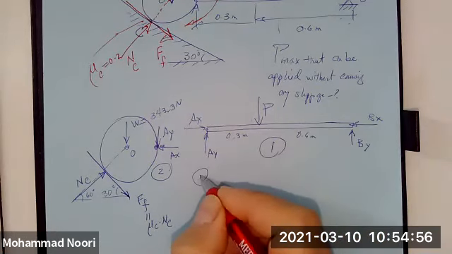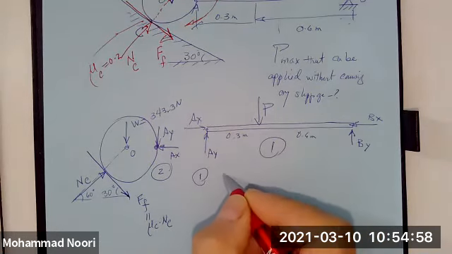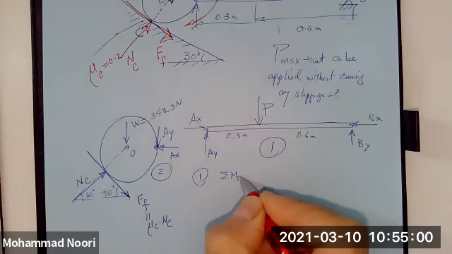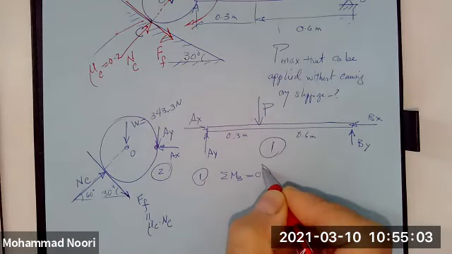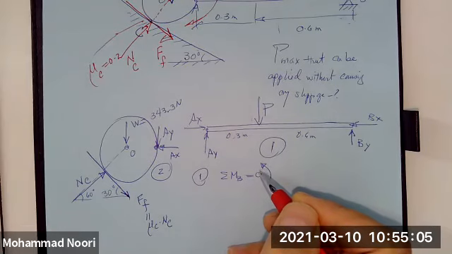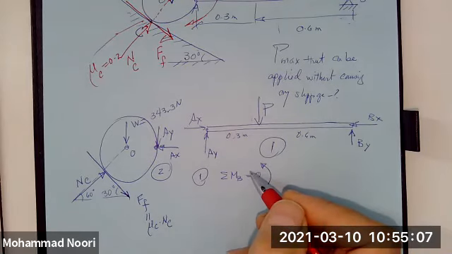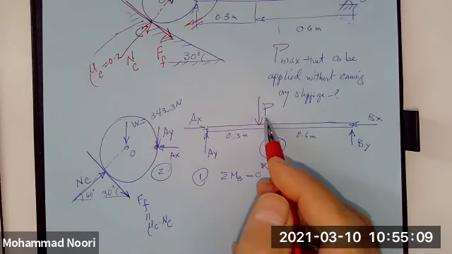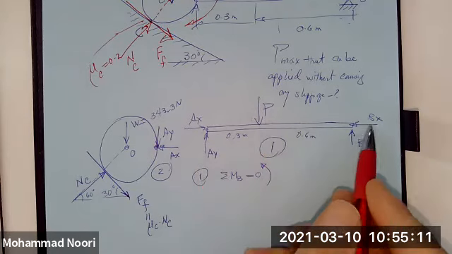In free body diagram number 1, I write summation of moments about B is equal to 0. The reason for that is I'm trying to find unknown P, but I have 5 unknowns here.